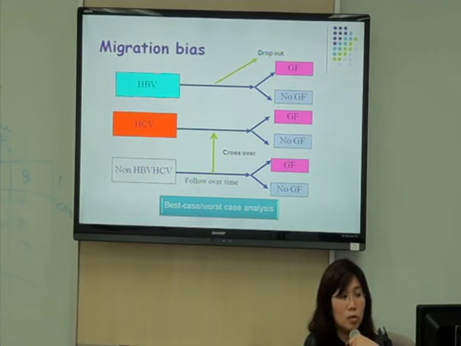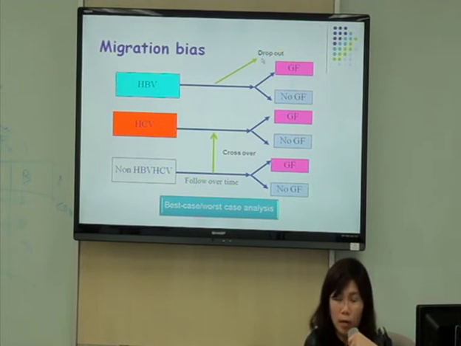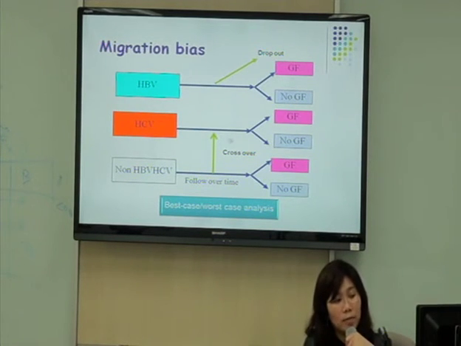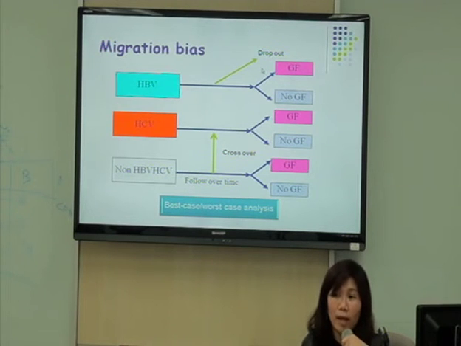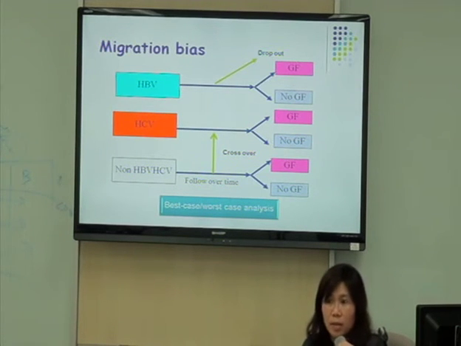It means that you suppose all of the dropouts are graft failure. That is the worst case analysis. Or you might suppose all of the dropouts are alive, no graft failure. That is the best case analysis. This is another method to analyze the susceptibility to bias that might occur.